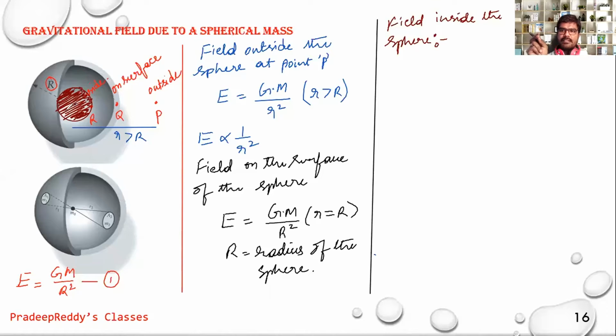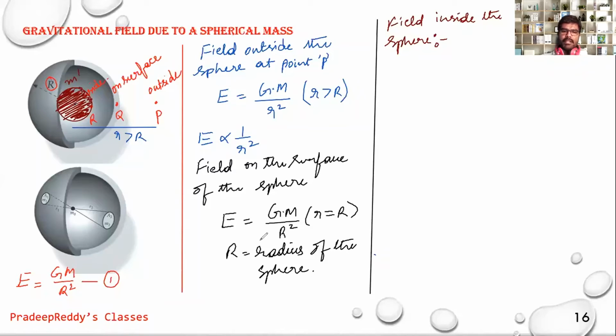Taking that distance as the radius r, I am marking the sphere, and this sphere's mass is m dash. So I want to find out gravitational field only because of that spherical mass, which is m dash, not for the total mass, because you are inside the sphere.